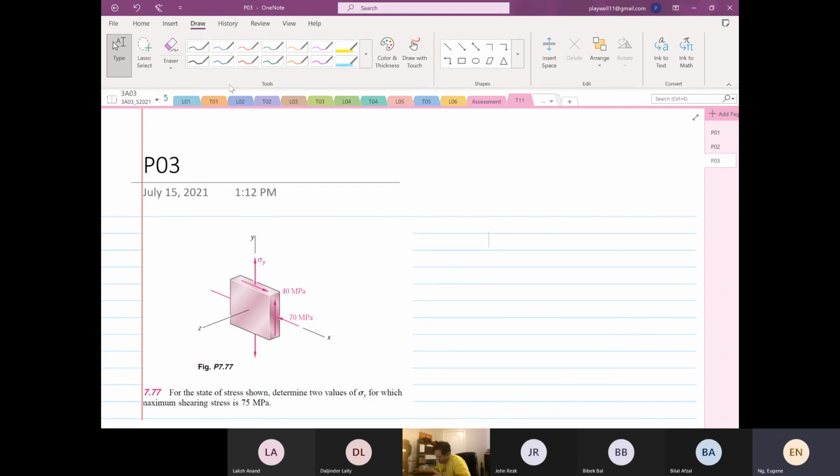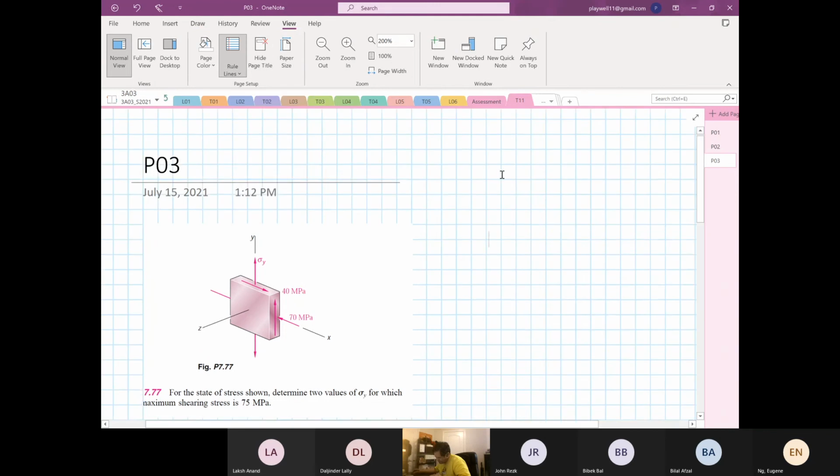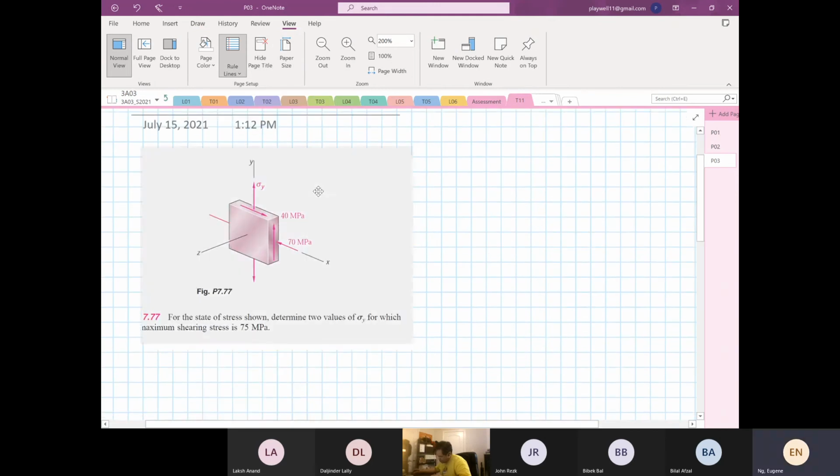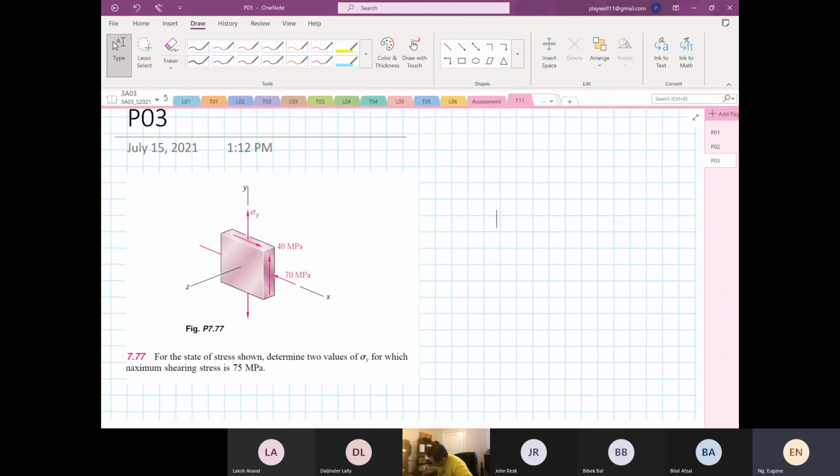The other possible value is we want to make sure that stress mean is equal to minus 150 megapascal.